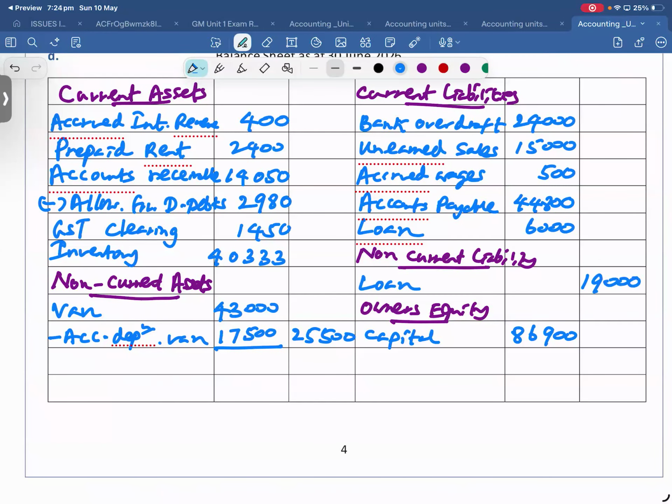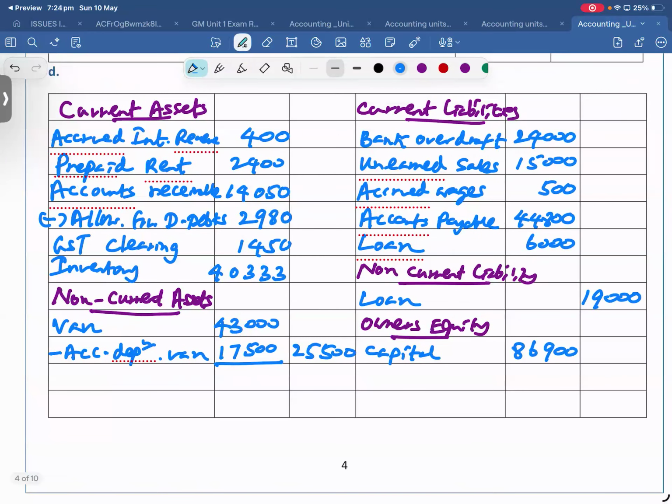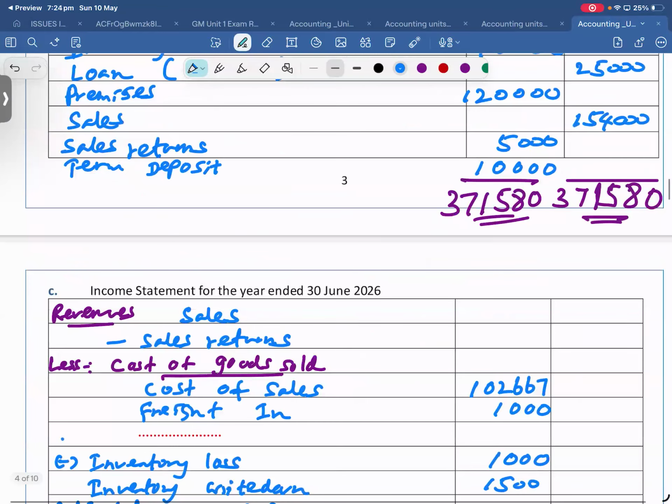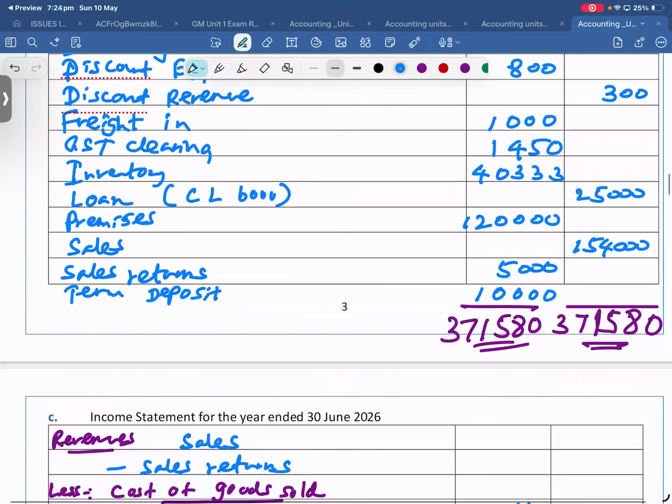Because you have only one non-current, you can write all the way in the last column. Oh, sorry, term deposit, yep. Premises 120,000.